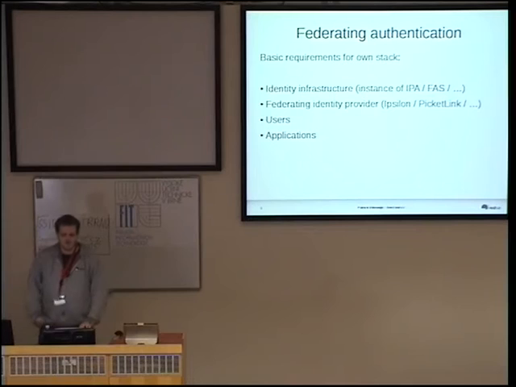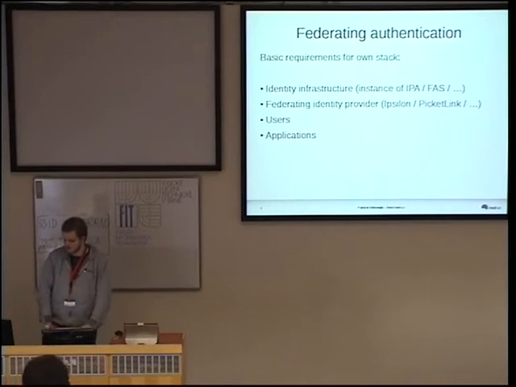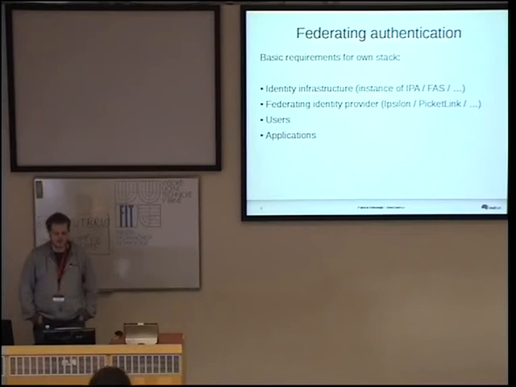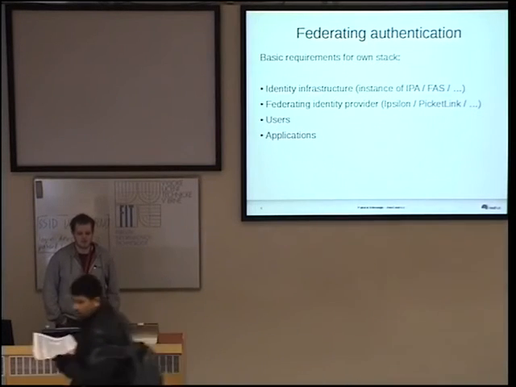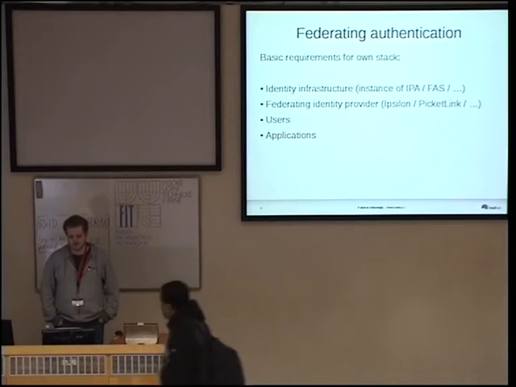In order to actually use a federating infrastructure, you need to set up four things if you want to control your own users. You need an identity management infrastructure, so IPA or Fedora account system or whatever else you would like to use. As most of you probably know, in Fedora we use the Fedora account system.